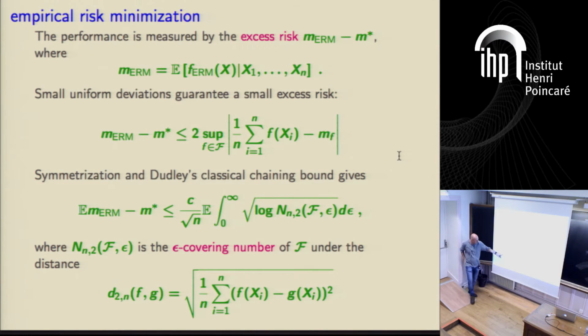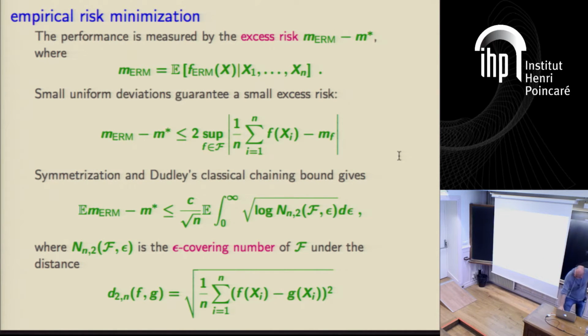The covering number is the number of elements of F that we need, such that for each element there exists one in the subset within distance epsilon. This is the same kind of covering number that we talked about already, and the relevant distance is now the empirical L2 distance.